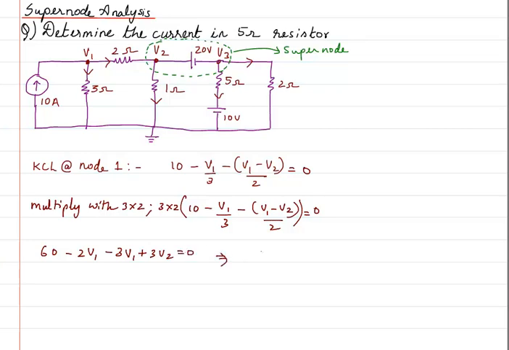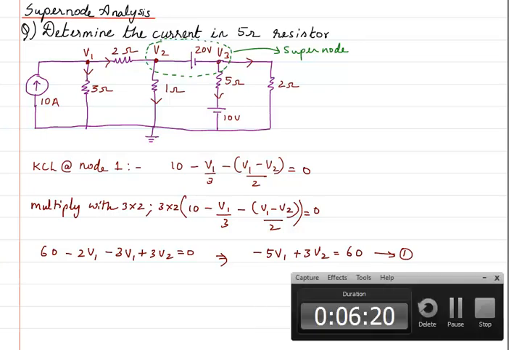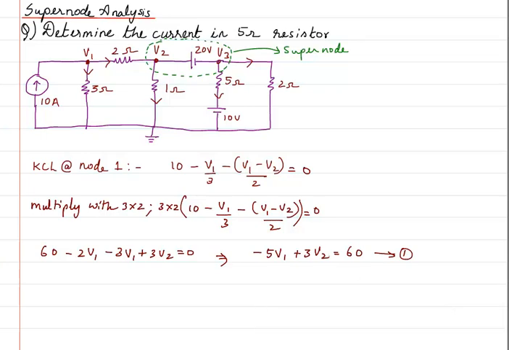From which I will get the equation minus 5V1 plus 3V2 is going to be equal to minus 60. So this is going to be my first equation. I forgot to put a minus here. Yeah, minus 60. Correct.